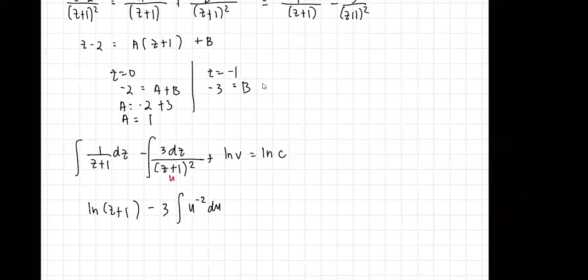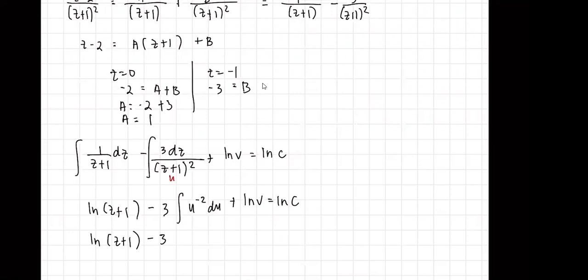So i-direct ko na lang, no? Sige, sulat ko muna, baka mali to. Okay? So ln z plus 1 minus 3. So this will be integration. So mangyayari is, so plus 1, no?